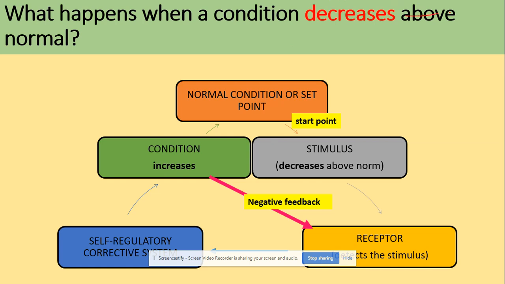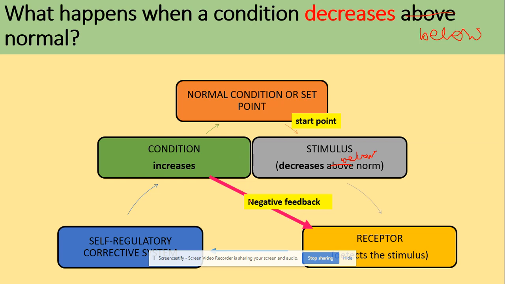The same will take place when the condition decreases below normal. Starting at the normal point, the stimulus is the decrease below the norm, which informs the receptor, which sends the information to the self-regulatory system that brings about an increase in the condition, bringing it back to the norm.